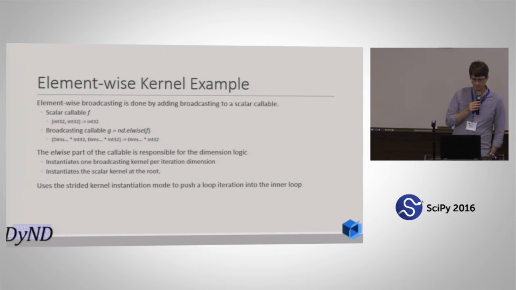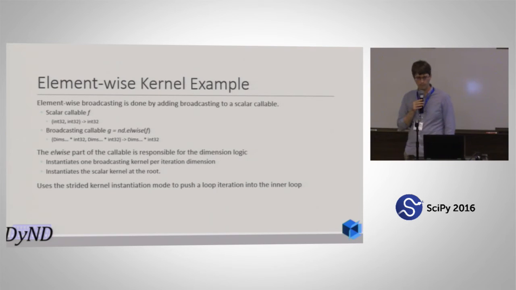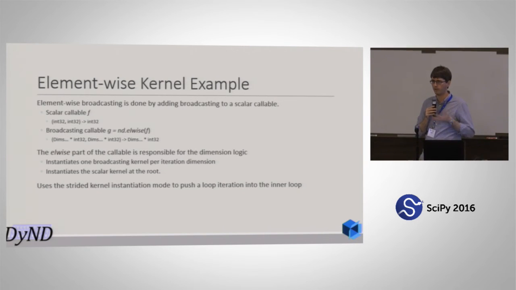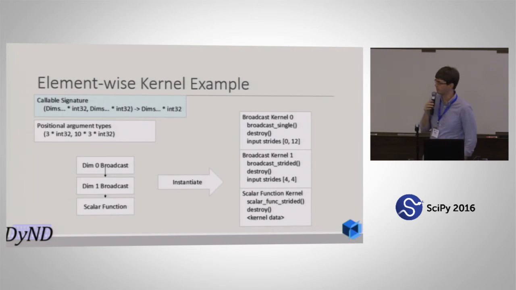And then the elwise callable is responsible for handling all the dimension logic and instantiating the scalar kernel at the bottom, so that basically that broadcasting logic gets baked into the kernel structure, and at the end we get natural broadcasting execution.